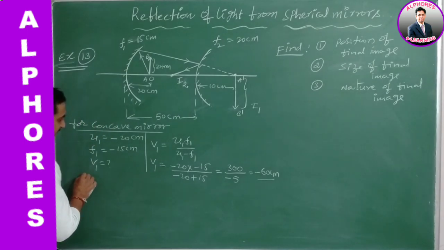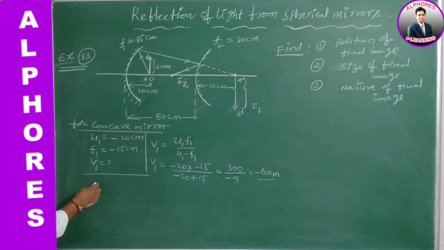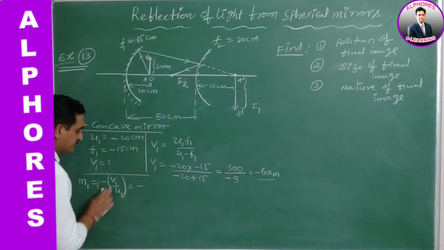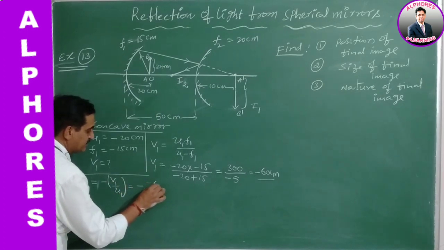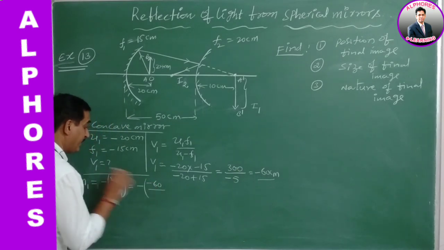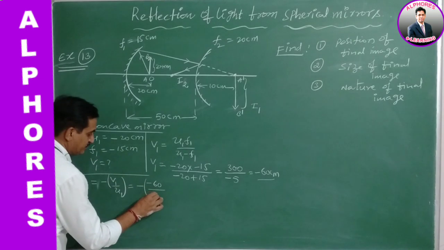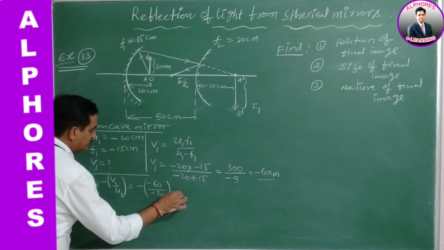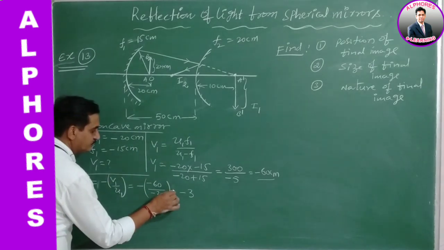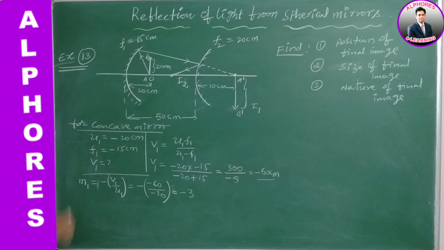Now go for magnification. See, magnification M1 is equal to minus V1 by U1, where V1 is minus 60, by U1, and applying the sign convention, U1 is minus 20, which gives minus 3. This is the magnification given by the concave mirror.